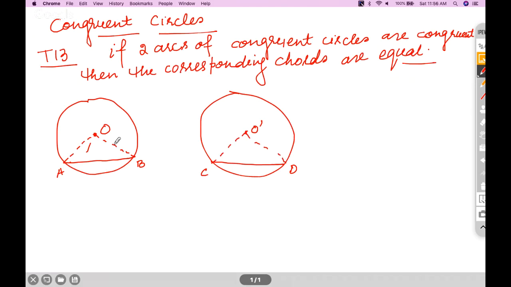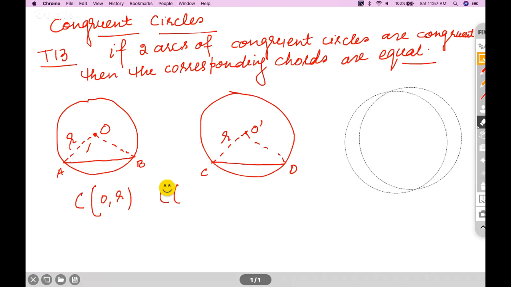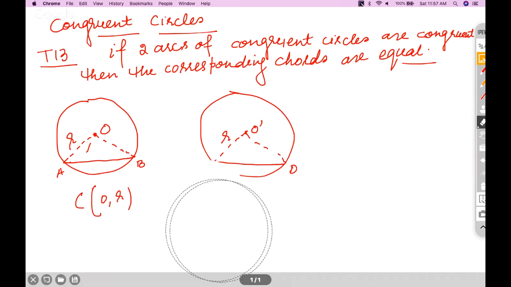I know that these are two congruent circles. Circles are congruent when their radii are equal, so I'm writing O, R, and this is another circle, O dash, R, and they are congruent to each other.